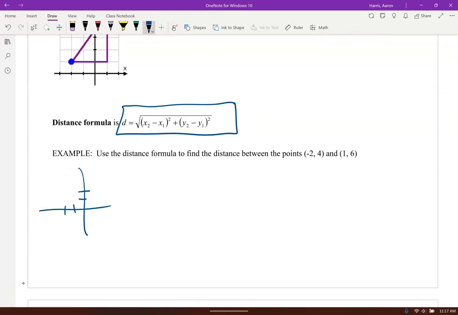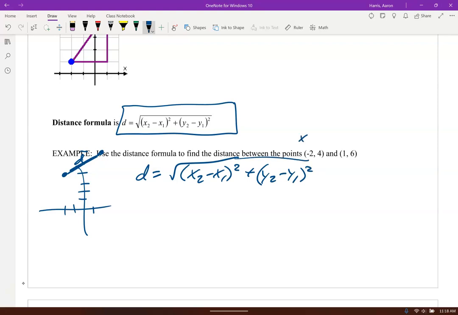So let's use that. Here's -2, 4. What's the distance from there to 1, 6? What's this distance d? Let's find how long that line segment is. I'm going to name this x1 and y1, and the next one x2 and y2. Now I plug that in.